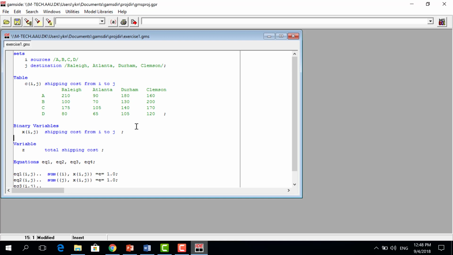Here in this line it is only variables. You might ask why we have to split into binary variables for xij and z for only variables, without any name before variables, for example positive, negative, binary, or discrete variables. Because z here is the objective function value. We cannot constrain the value of shipping costs.